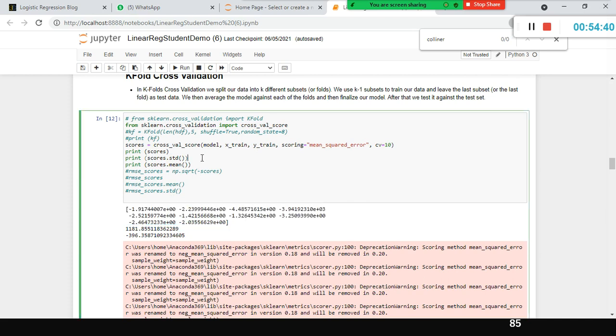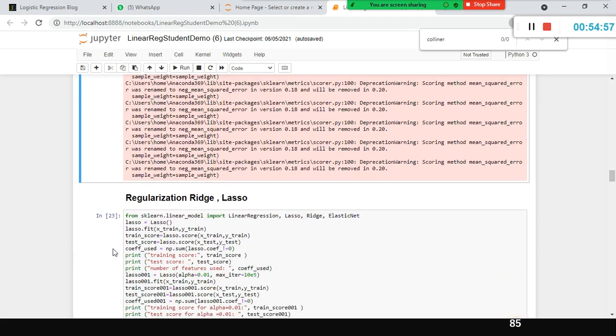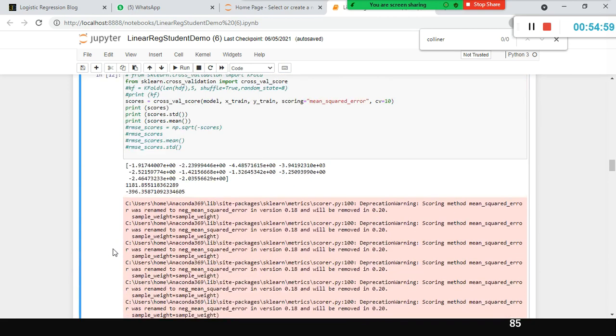And then I simply took the mean and standard deviation of these scores. I got this one. So this is how we did it.